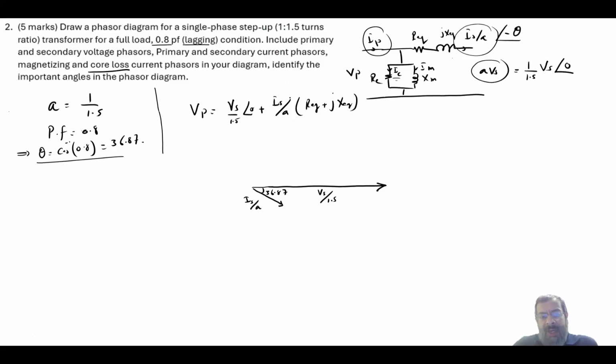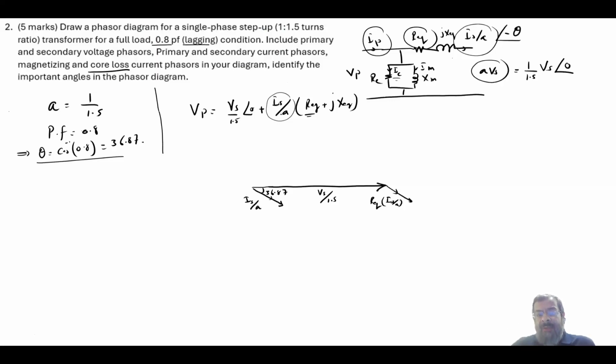Now, to complete the KVL, IS over A, which is this, multiplied by R equivalent, which is this one. Now, R equivalent is just a scalar. I will move this vector to the tip of this vector. So this vector will be IS over A times your R equivalent, and this vector is parallel to this vector, because R will not change the angle.